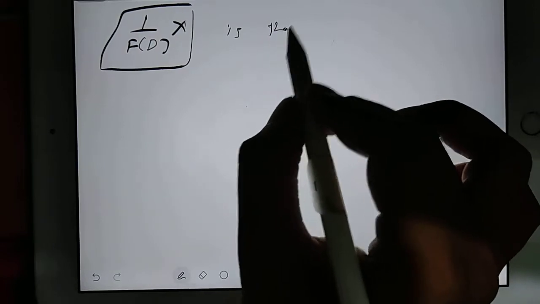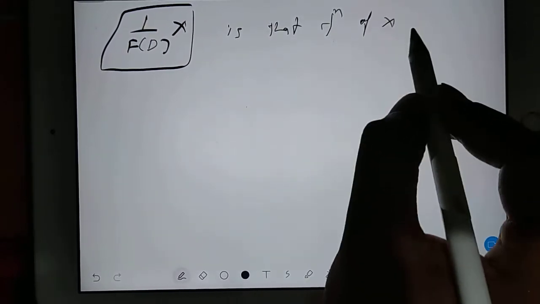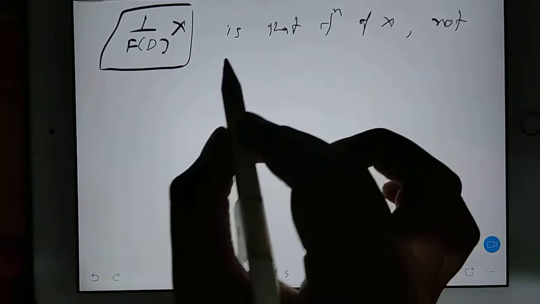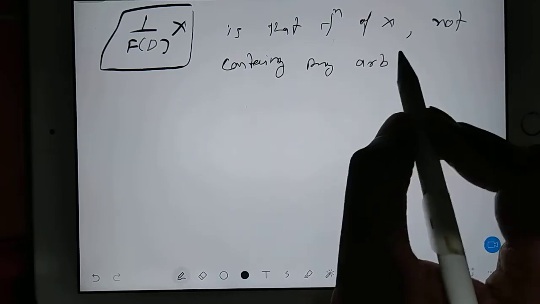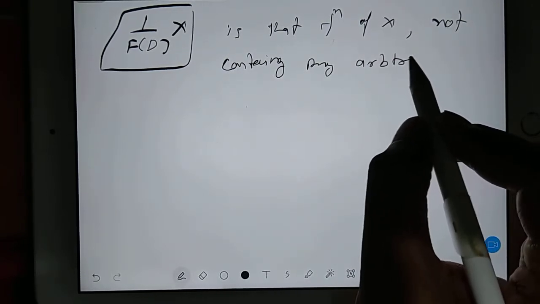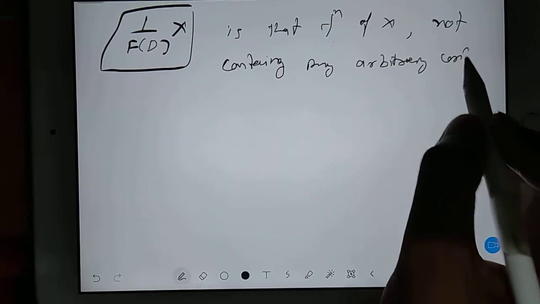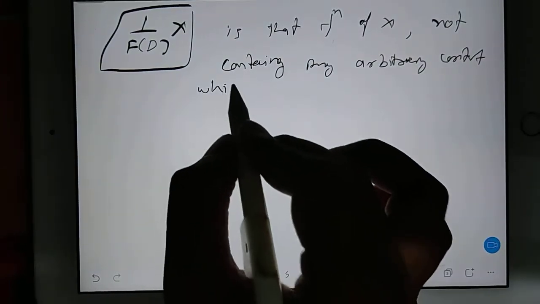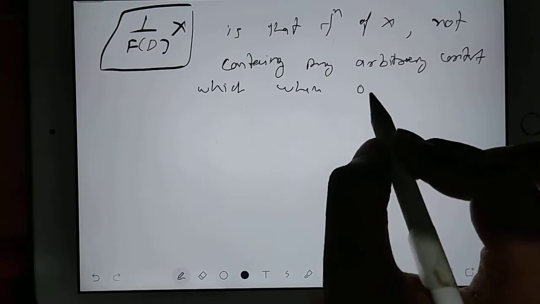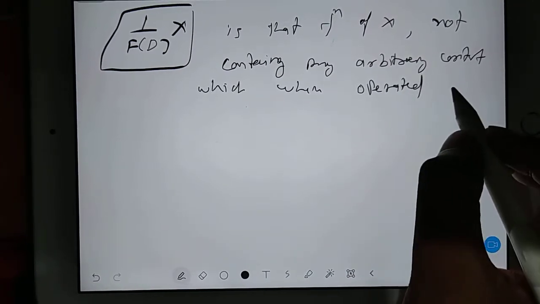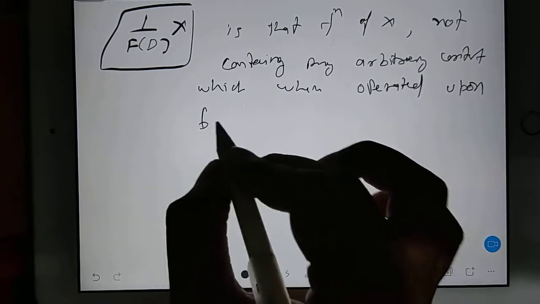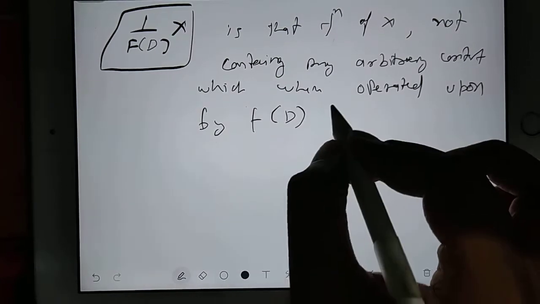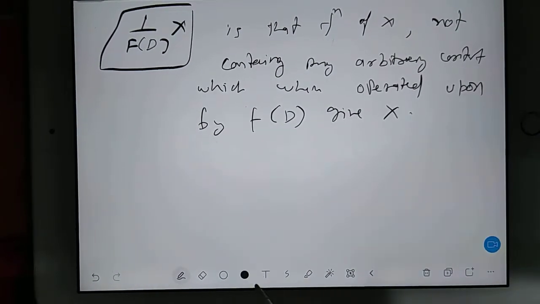So you should mention here that it is a function of x, not containing any arbitrary constant, which when operated upon by fd gives x.